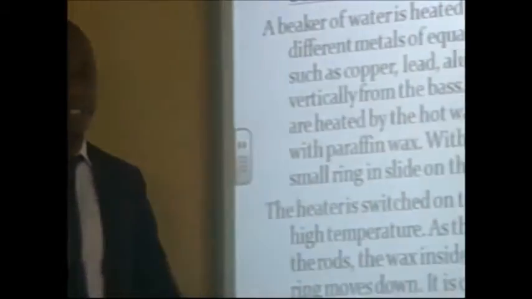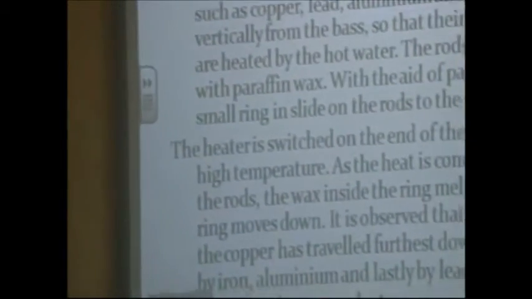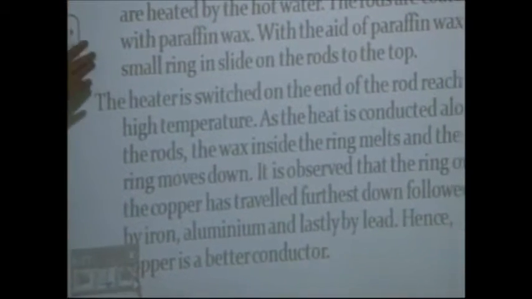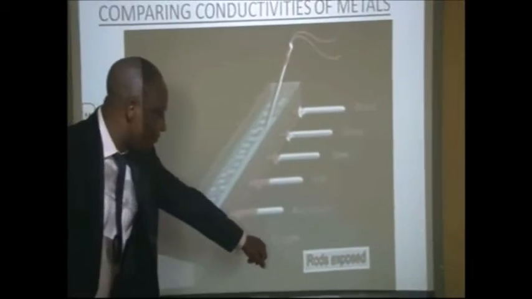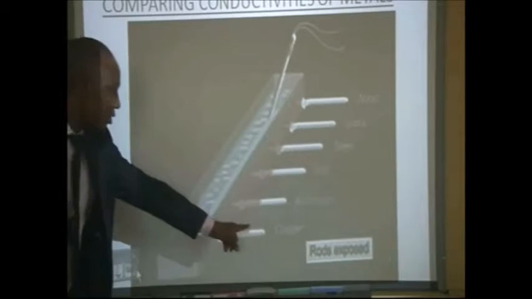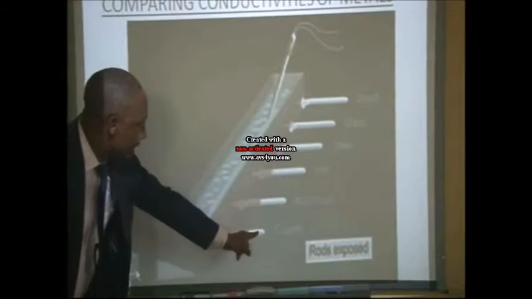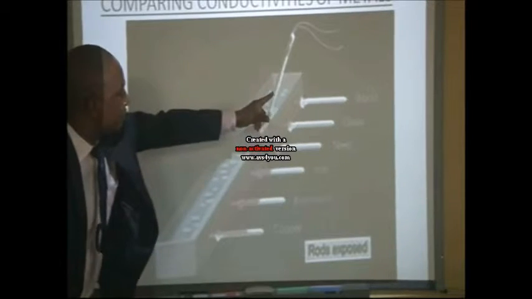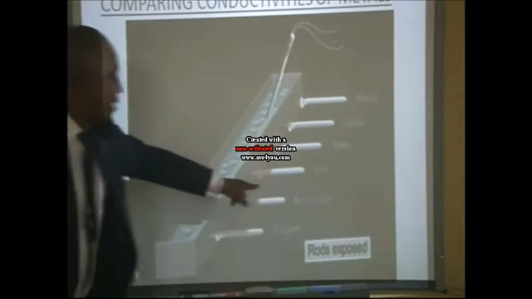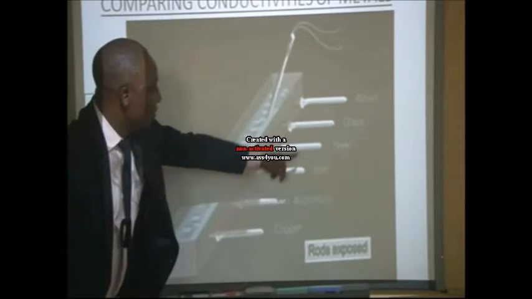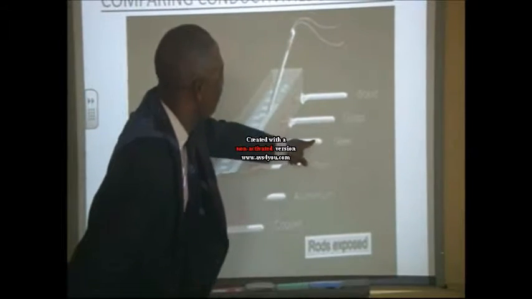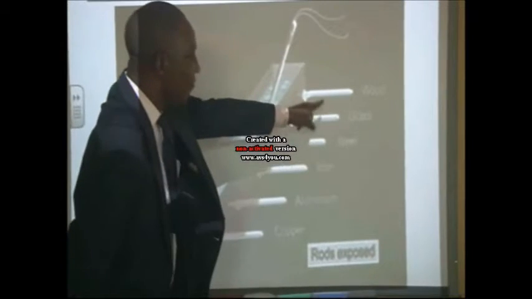In conclusion, we see that the candle wax on copper melts first, followed by aluminium, followed by iron, followed by brass, then followed by glass, and lastly by wood.